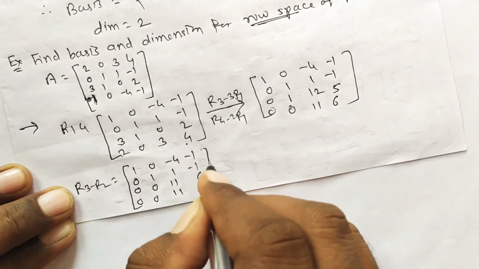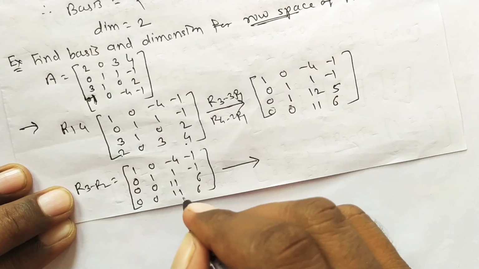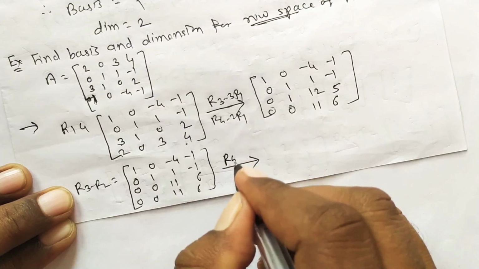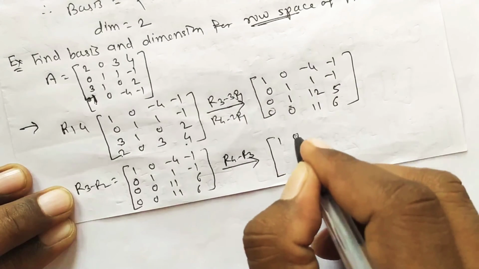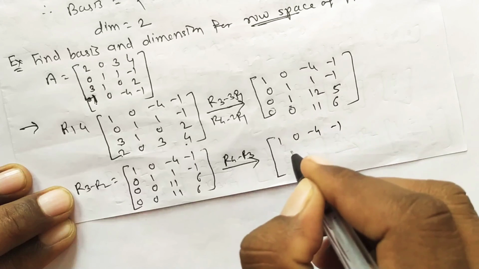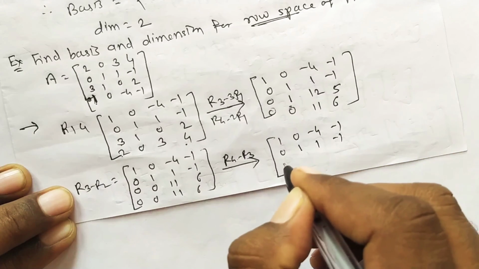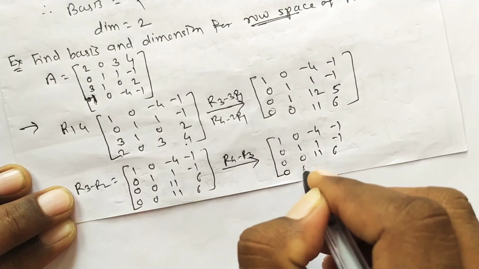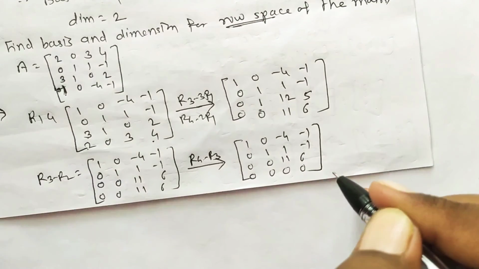So here we get two rows the same, so use the last operation to cancel one row because these rows are the same. If we use the operation R4 minus R3, then we will get 1, 0, -4, -1, 0, 1, 1, -1, 0, 0, 11, 6, and the last row is 0, 0, 0, 0. So what are the linearly independent vectors?